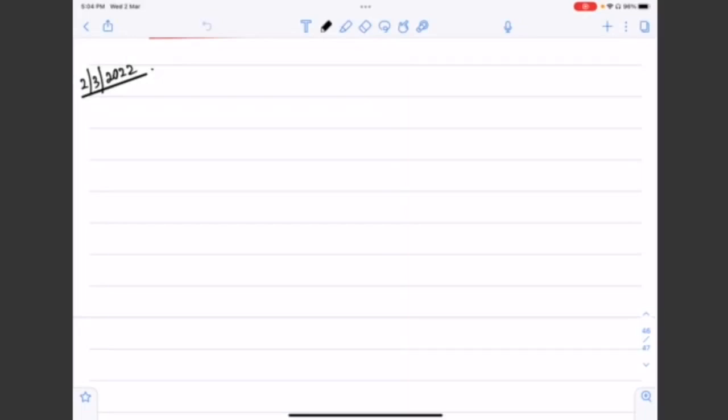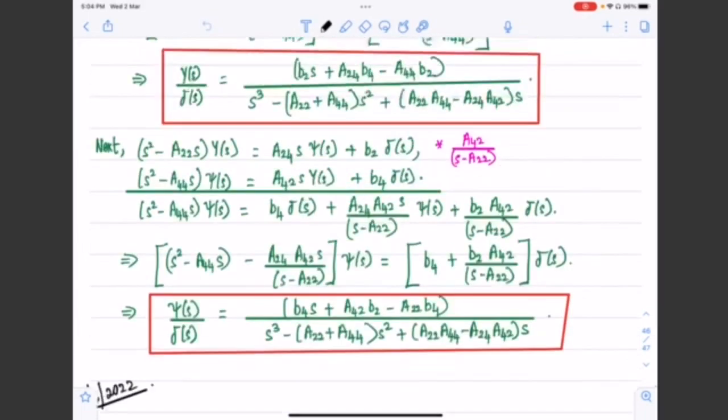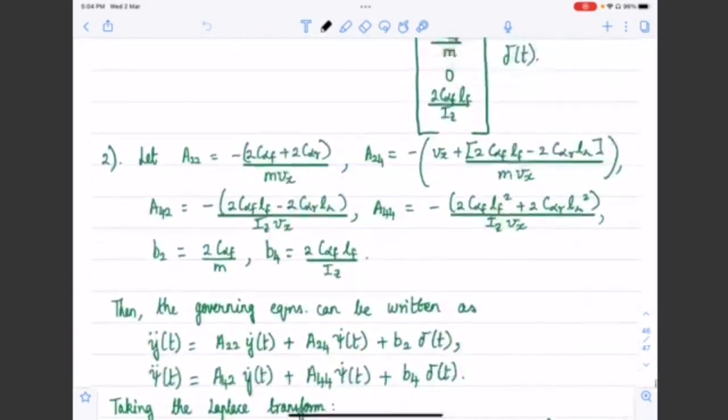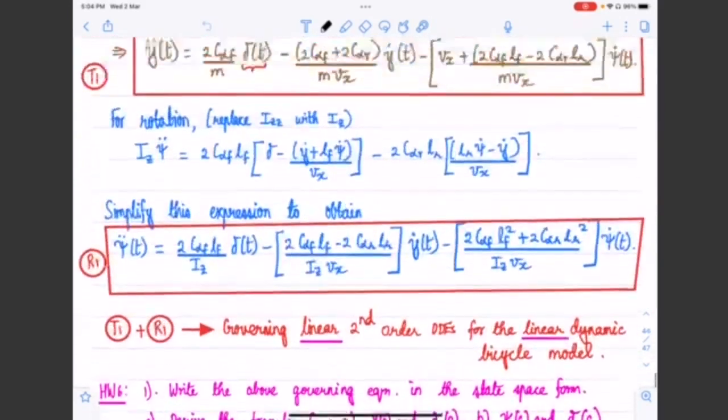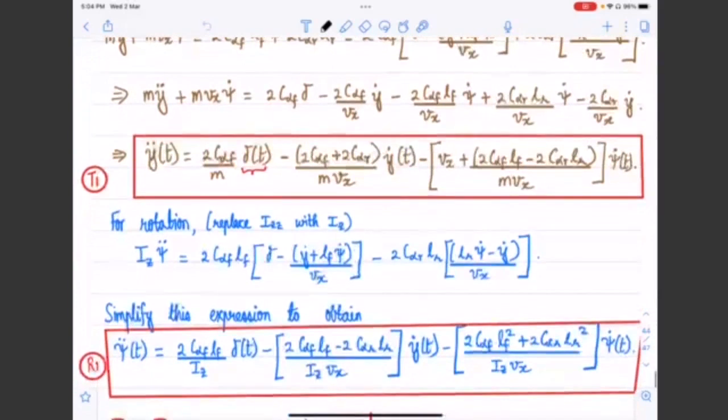So let us briefly recap, and then we will go forward and do further analysis of the linear bicycle dynamic model. If you recall, we were considering the bicycle model, and we wrote down the equations of motion.